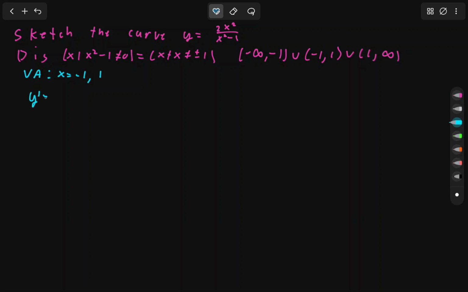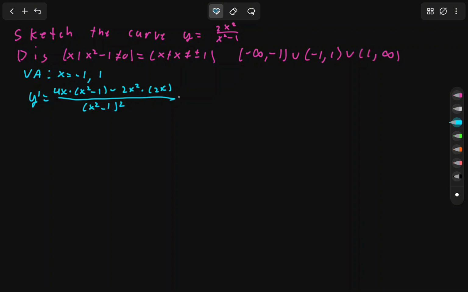So y prime in this case is going to be the derivative of the top, which is 4x, times the bottom, which is x squared minus 1, minus 2x squared times the derivative of the bottom, which is 2x, all over x squared minus 1 squared.